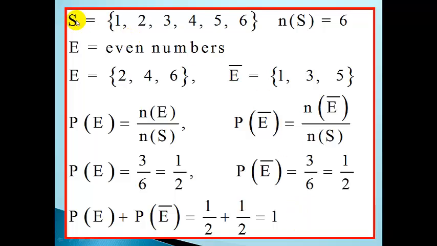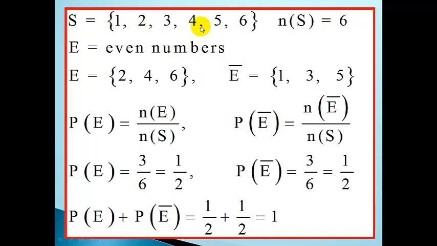Now, when the same dice is tossed once, the sample space is S equals 1, 2, 3, 4, 5, 6. The number of items of the sample space, n(S), is 6. Now let E be the event of even numbers.